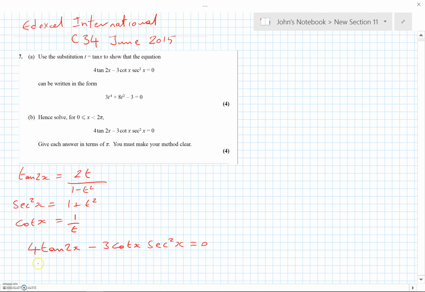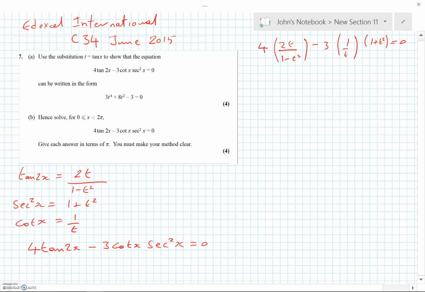So that gives me, as we've just said, 4 times 2t over 1 minus t squared, minus 3 times 1 over t, that's a cot x, times the sec squared x, which is the 1 plus t squared, equals 0.